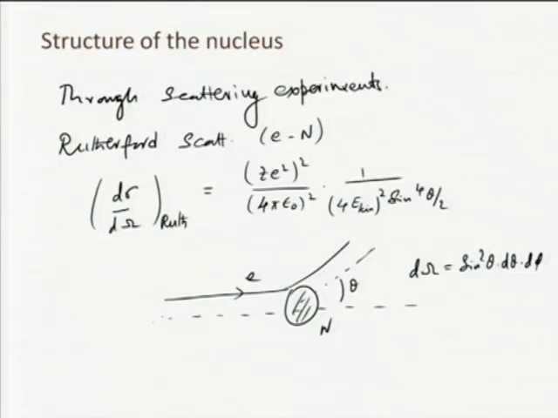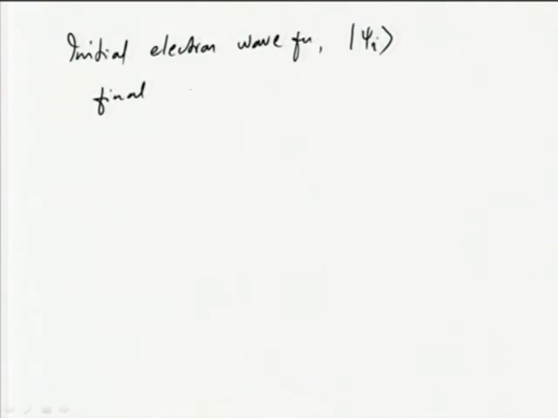Now, let us have some theoretical understanding of this whole thing. Basically, let us consider the initial electron wave function as psi i, let me denote it by that, and then the final electron wave function after the scattering, let me denote it by psi f.